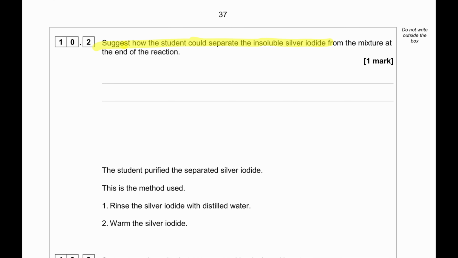Suggest how the student could separate the insoluble silver iodide from a mixture at the end of the reaction. Because it already says that this is insoluble silver iodide, a simple filtration technique will separate it out. So filtration using filter paper.